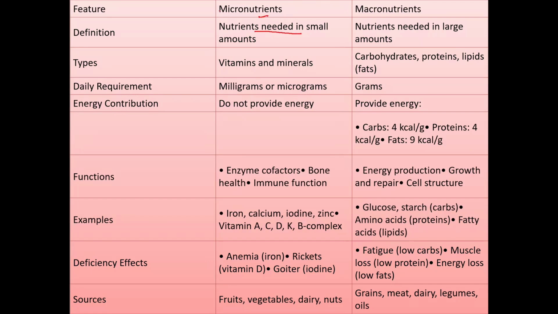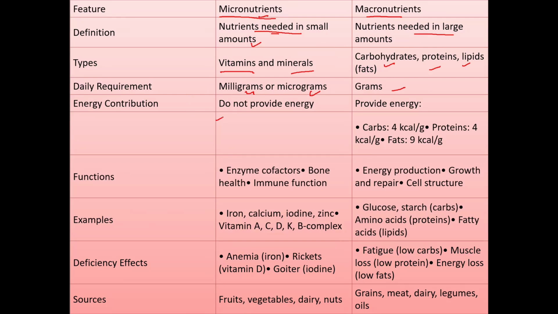The difference between micronutrients and macronutrients: micronutrients are needed in small amounts, whereas macronutrients are needed in large amounts. Examples and types of micronutrients are vitamins and minerals, whereas macronutrients are carbs, protein, lipids, and fats. The daily requirement of micronutrients by our bodies is in milligrams and micrograms, whereas macronutrients we need in grams.